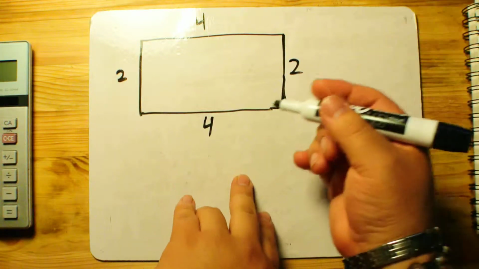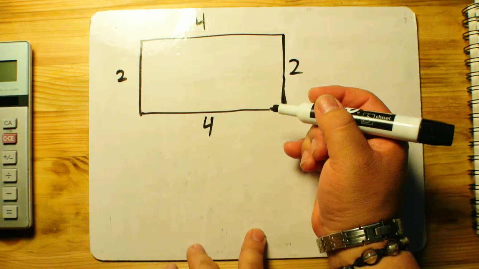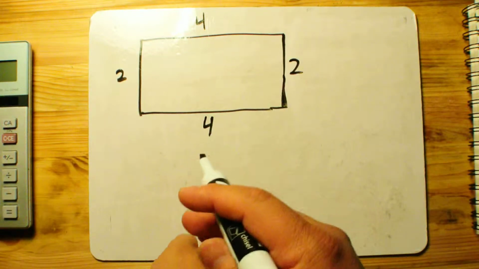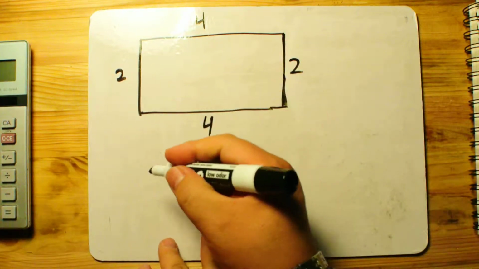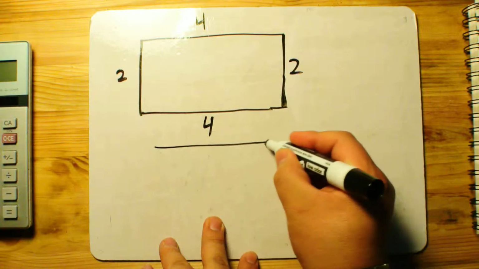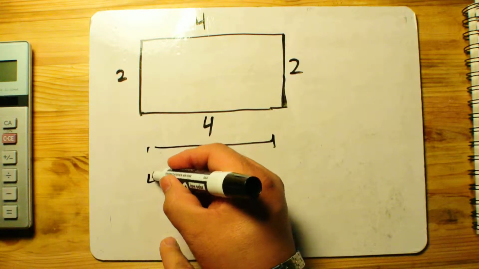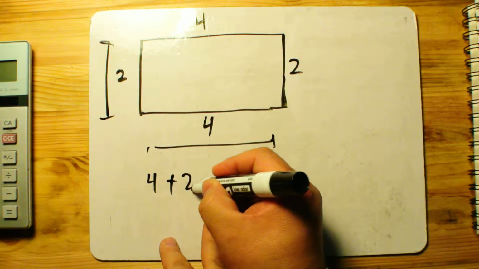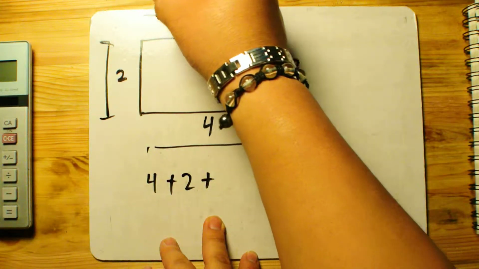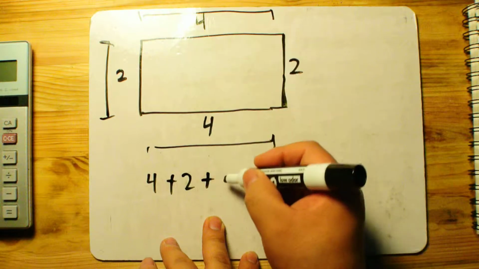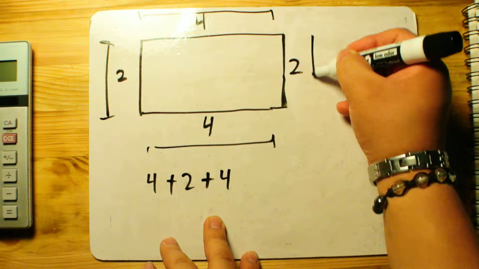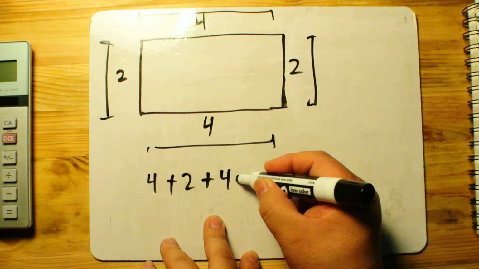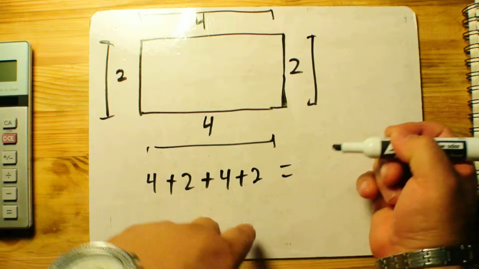So for this we have to add the measurements of the borders. We have this is 4, plus this, that's 2, plus this part, another 4, plus this part, which is another 2.